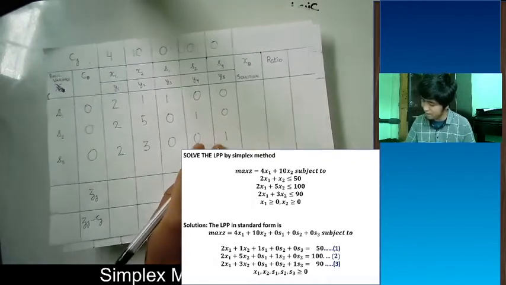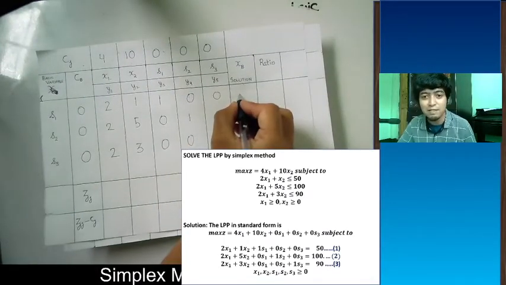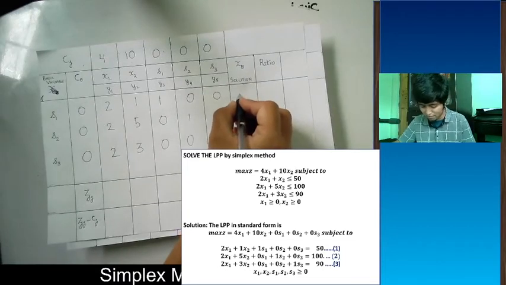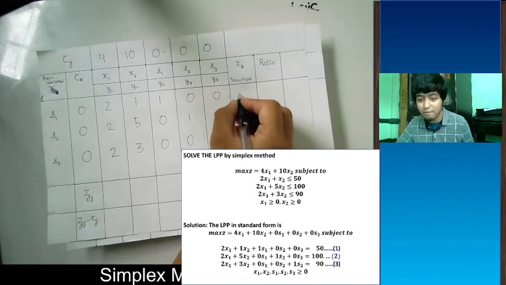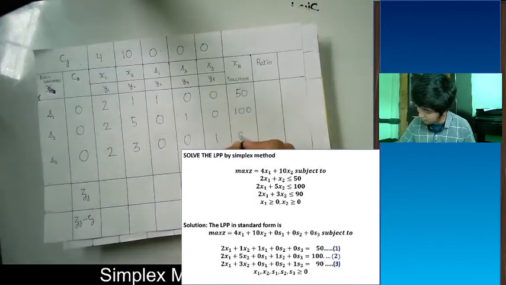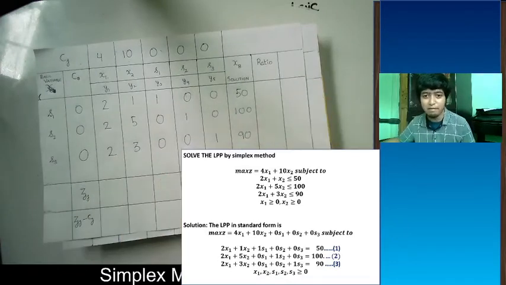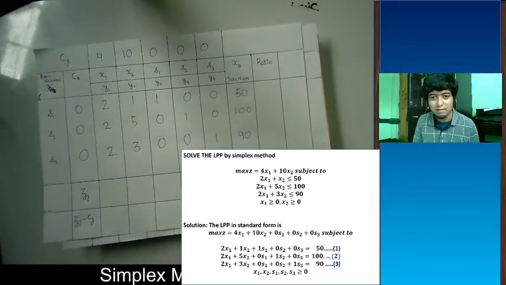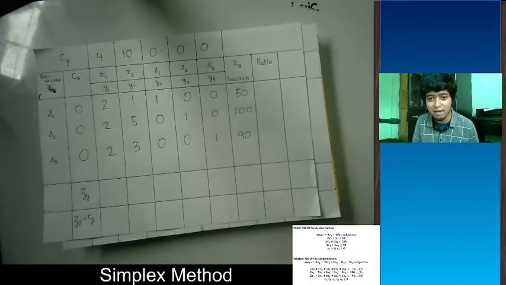And xb is the solution, which we have found as 50, 100 and 90. This ratio we will fill in afterwards. But now let us compute the things that we have.